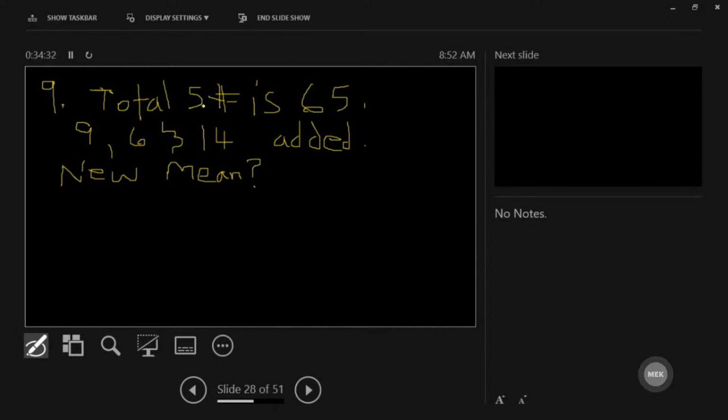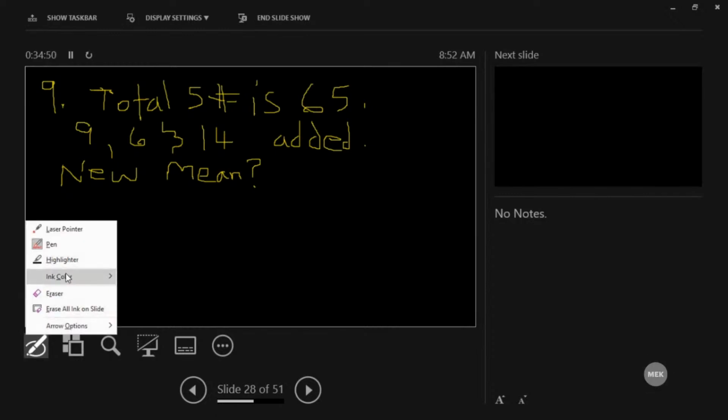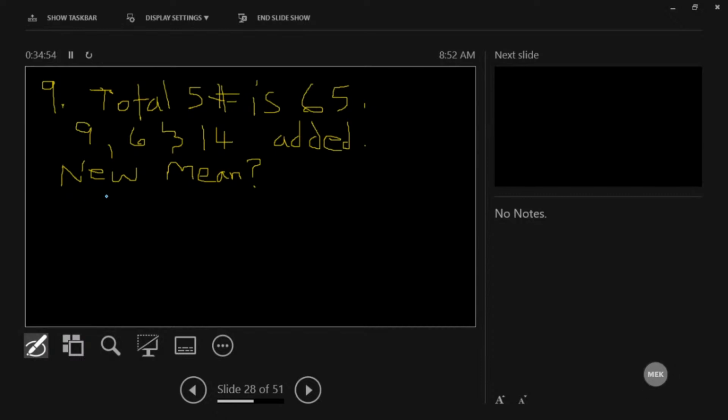Because remember, we get the mean by dividing the total by the number of things, right? So the total is 65, it's 5 numbers. These 3 numbers are going to be added. So let's find out how much more it's going to be when we add these 3 numbers. So 9, 6, 14.